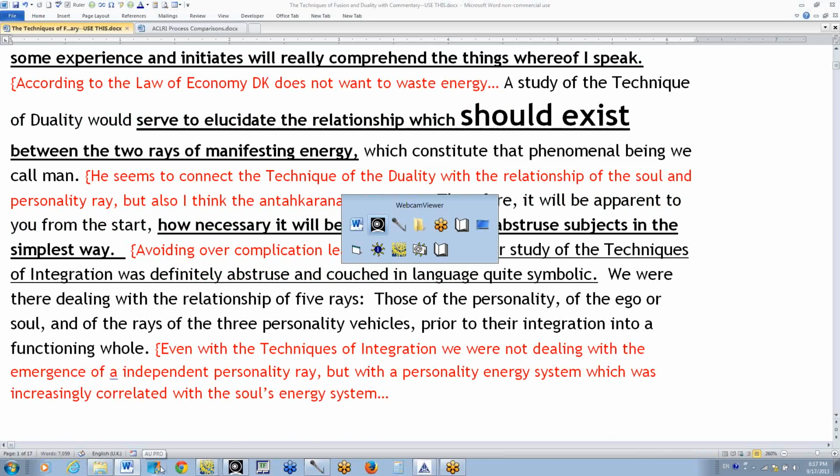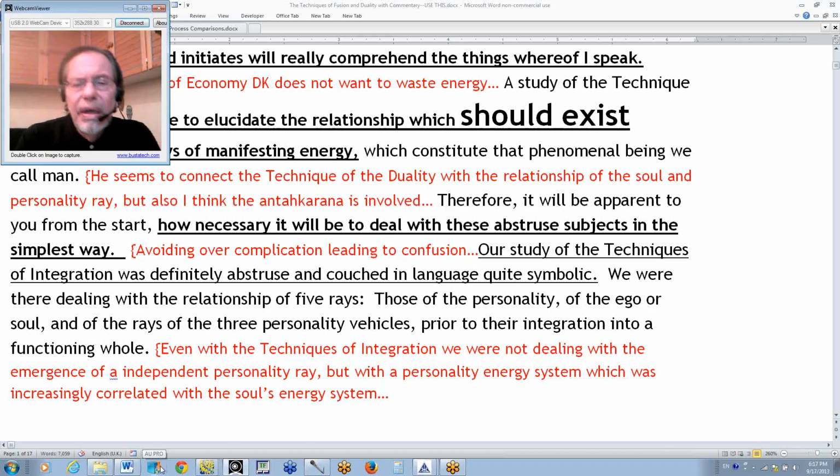And when we've studied the charts, we certainly do see that on the higher mental plane, that which we normally call the soul has its own type of energy system, structure, relationships, and so forth. An increasing correlation on the level of energy and activity is what we achieve with integration, and it will also have effects in consciousness. But as we go on to the techniques of fusion, the personality's consciousness definitely does become the consciousness of the soul.